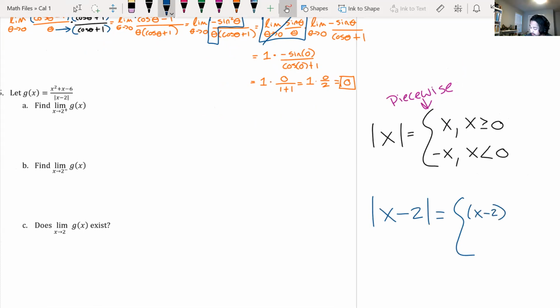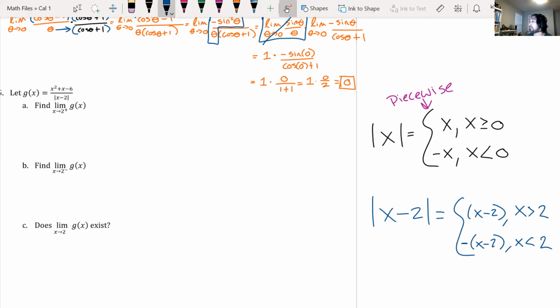This can only happen when our values of x are greater than 2. And I'll tell you why I'm not putting an equals to on there. And then for the next part, it's going to be negative x minus 2 for all negative values of x minus 2, for everything less than 2.